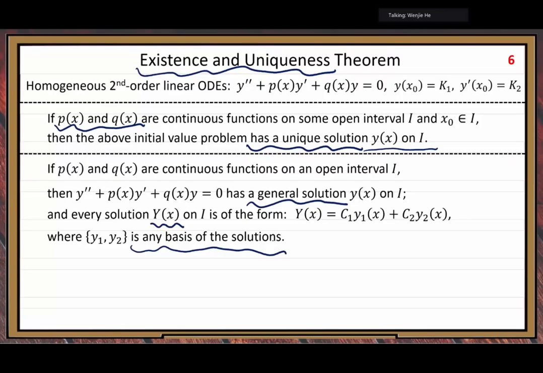For this part, we need linear, because otherwise we cannot get this result.